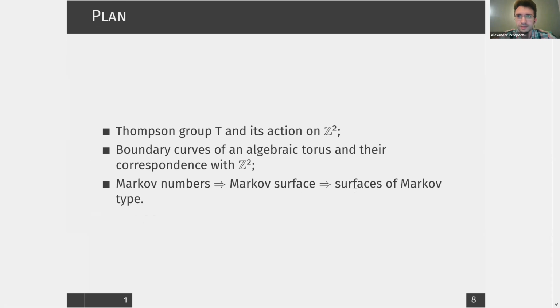And finally, we apply it to Markov numbers, but we introduce the Markov surface and similar surfaces and obtain something about them. If there are any questions, do not hesitate to ask, because I guess everything here should be quite clear. No rocket science.